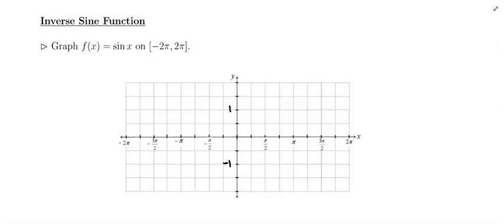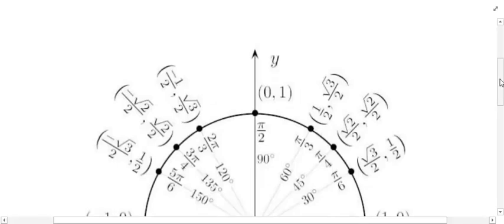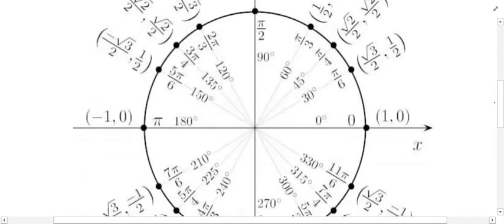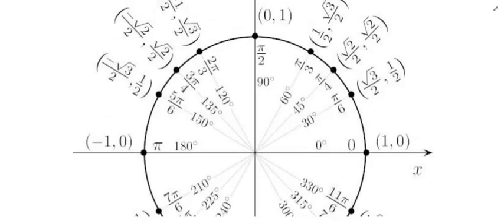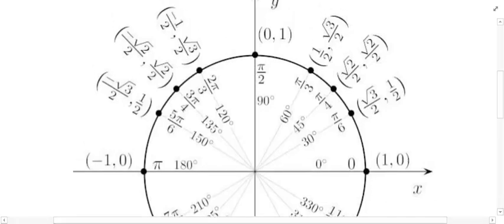Okay, so what we're going to do here, and I'm going to revert back to the unit circle here. We're going to be graphing this function from -2 pi to 2 pi. So essentially we're going twice around the unit circle, and for every angle, remember your x coordinates are angles, for every angle the y value is going to be the sine value of that angle.